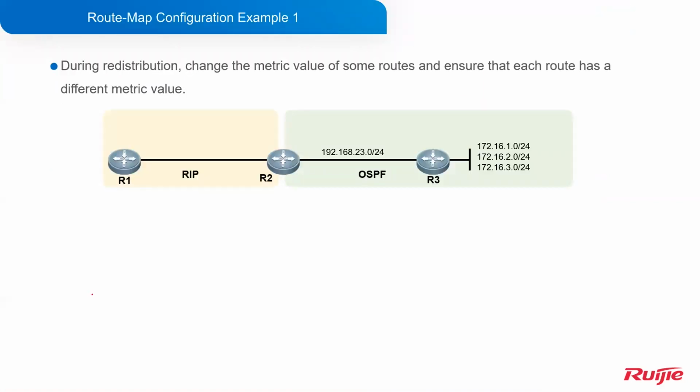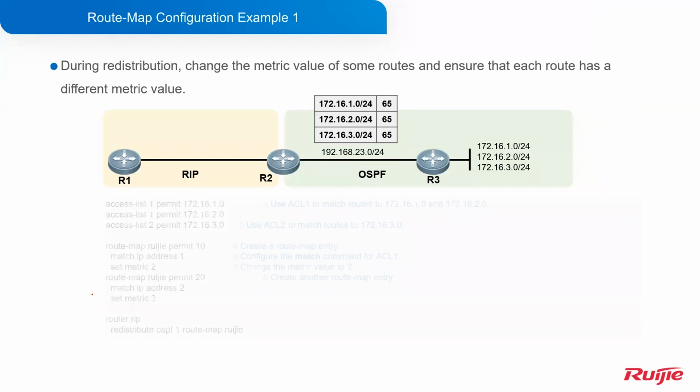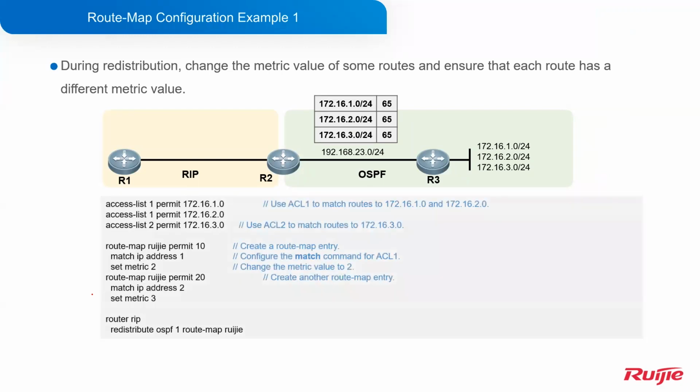So let's see the example here. During redistribution, change the metric value of some routes and ensure that each route has a different metric value. So you can see here. Now in OSPF, we have three routes, right? And on R2, we should do the redistribution.